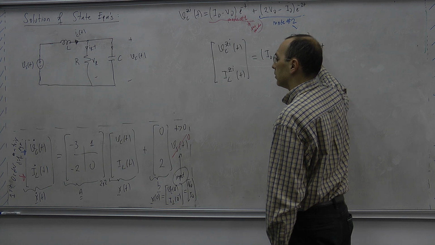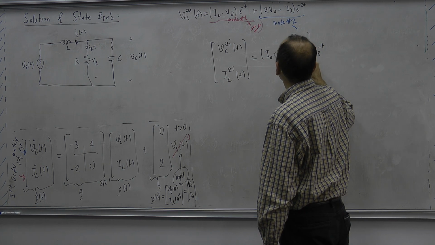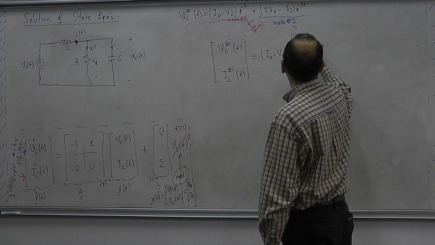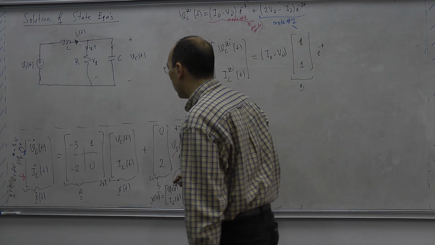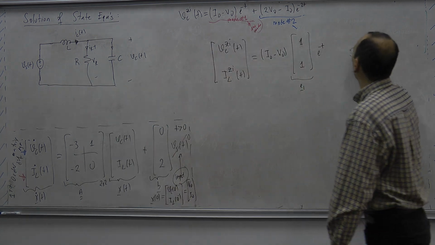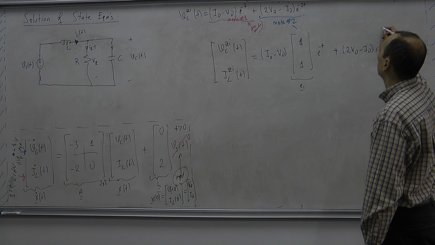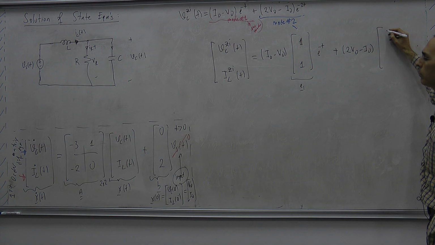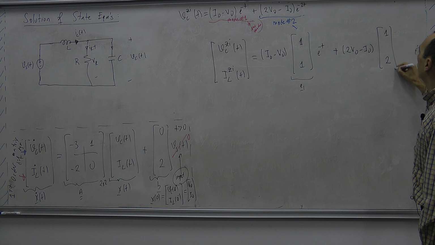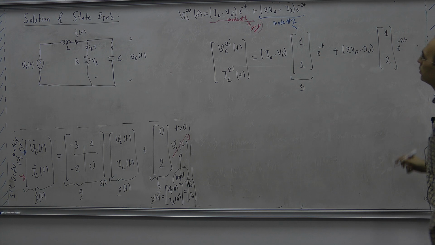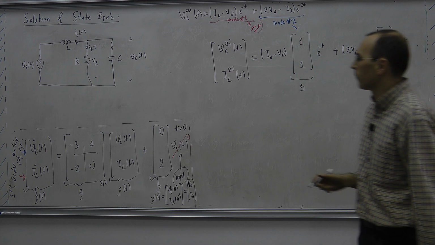Is it 1, 1? Let me give it a try. 1, 1. Okay. Plus 2 V0 minus I0, and I have 1, 2 vector e to the -2t. Okay.